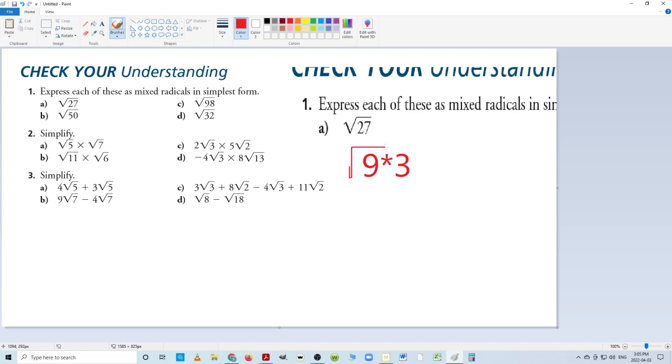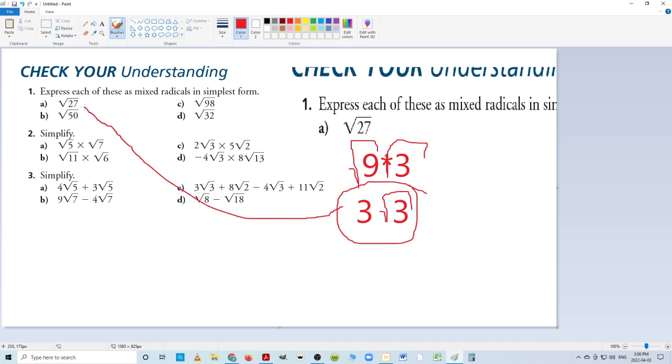And then eventually, after I'm done putting it under the square root, I can break it up as individuals if I want, but you don't have to. And it's clear the square root of 9 is 3, and the square root of 3 must be left alone. So that is the simplest mixed radical of that. And you often want to express it like this to make certain graphs more clear about what's going on.